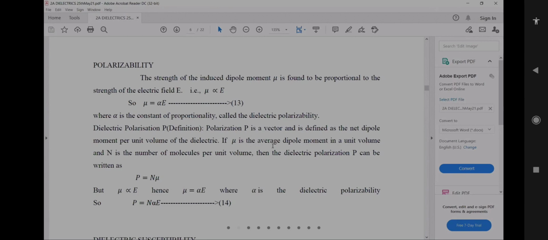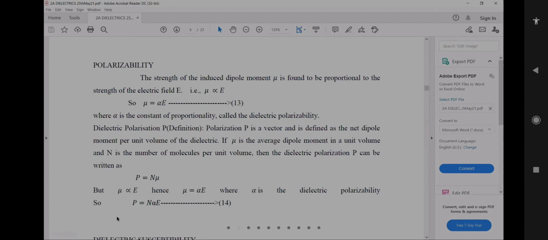If mu is the average dipole moment in a unit volume and n is the number of molecules per unit volume, then the dielectric polarization P can be written as P is equal to n into mu.